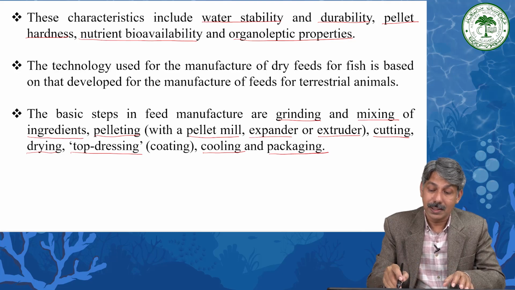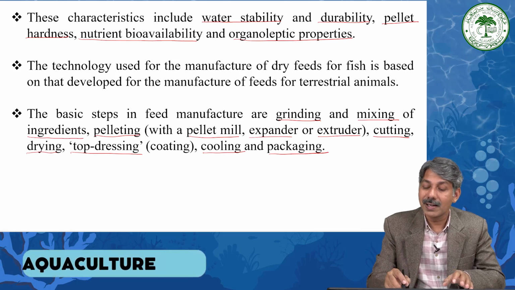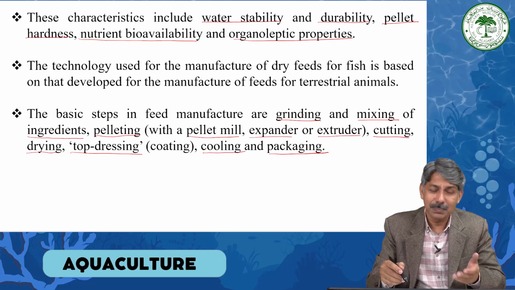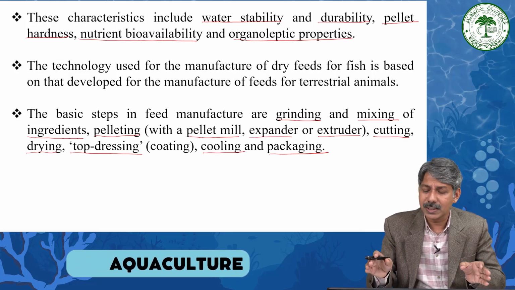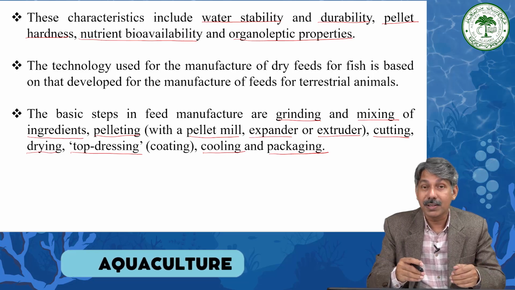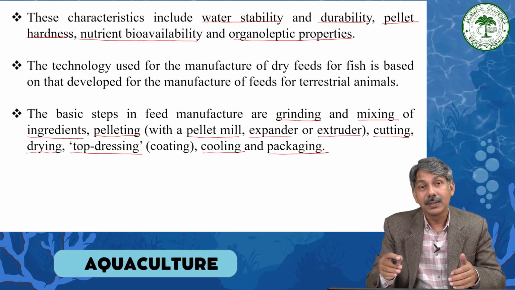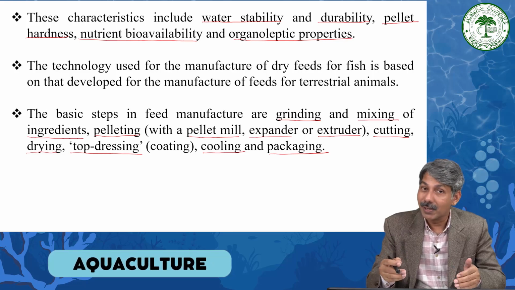In all these steps, if you are using a different protocol while grinding or mixing, or pelleting, whatever pellet mill, expander, or extruder you are using, then in every step, even top dressing is very important, your composition of the final product may vary.